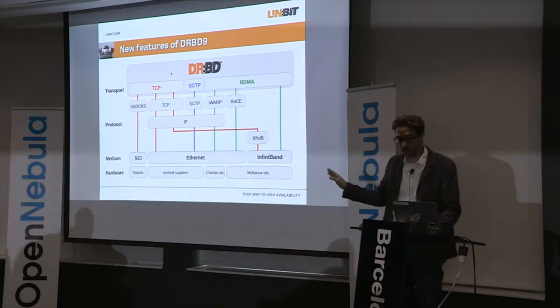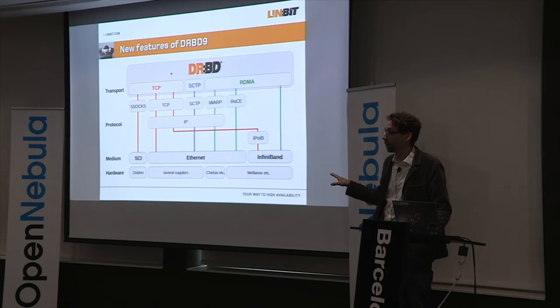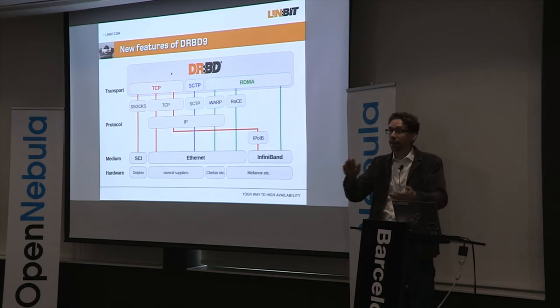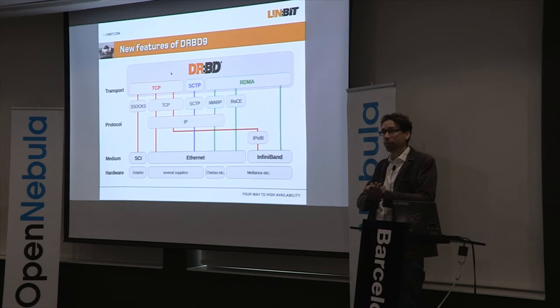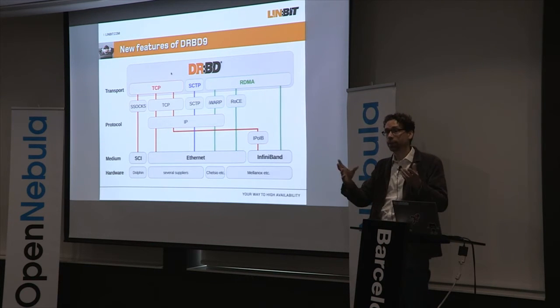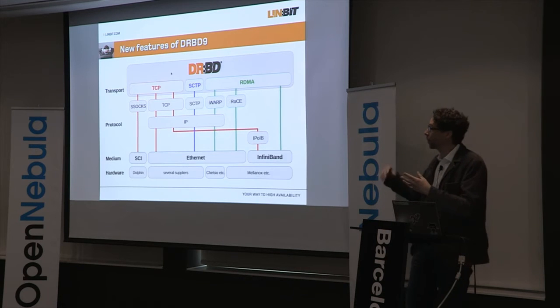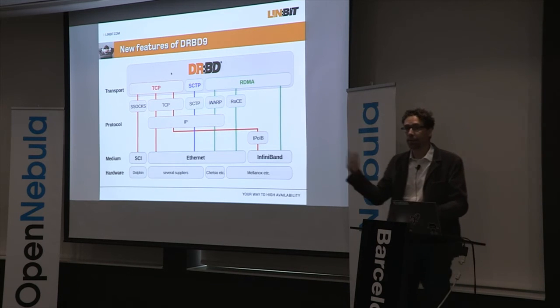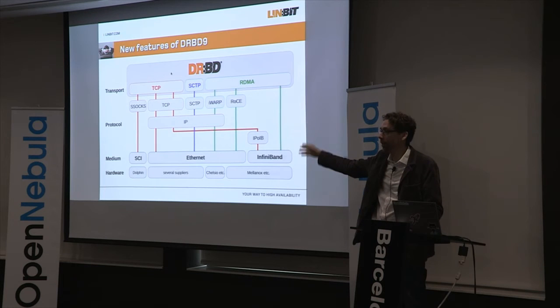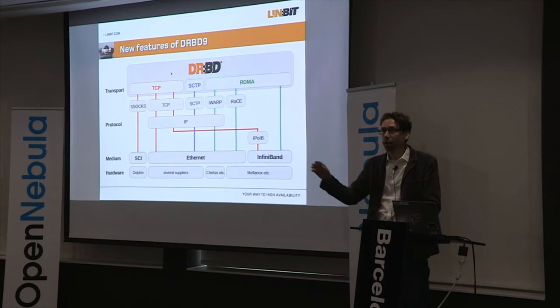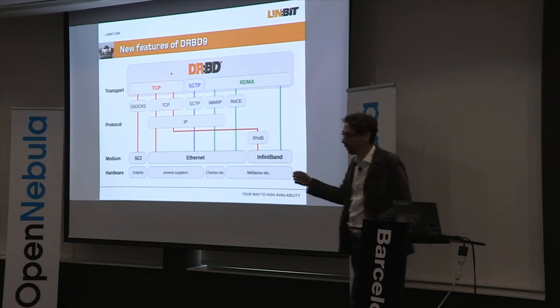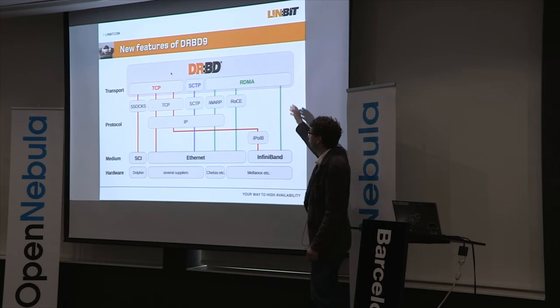Okay, then let's talk quickly about the networking options. DRBD9 is now 2 kernel modules, it's no longer 1. So you get the DRBD core and you get the DRBD transport TCP. And that enables you to do Ethernet, all that. The big alternative to that is to use the DRBD transport RDMA.